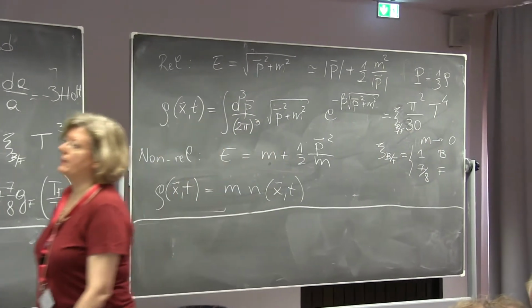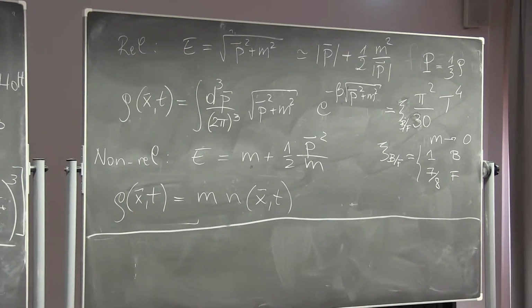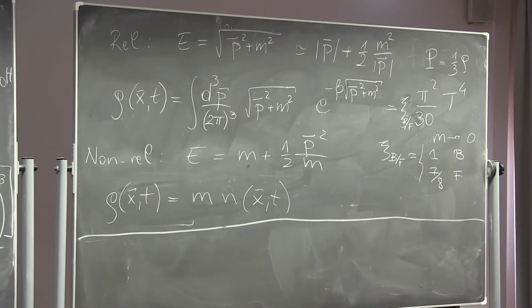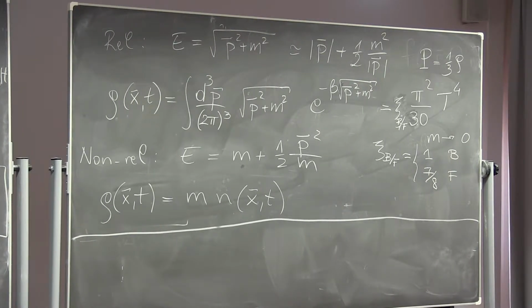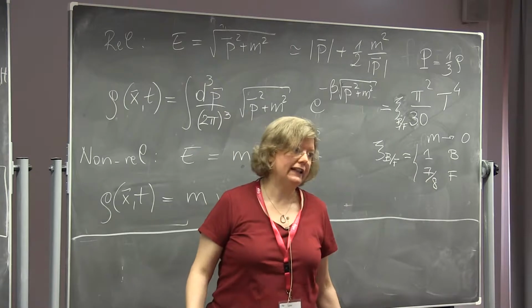What happens to the pressure in the non-relativistic case? Well, in that case, of course, the energy is practically the mass. So here we have a p squared over mass. And this p squared over mass is usually small, so again the pressure of a non-relativistic particle is practically 0, and we usually neglect it.